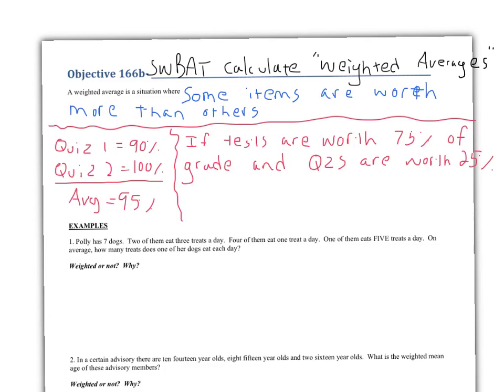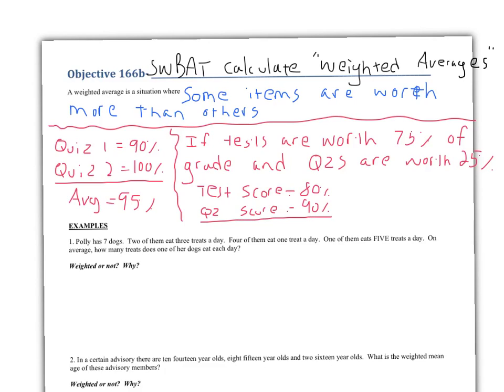All right, so say, with this example, say you had a test score, and again, write this all the way over here to the left, test score of, let's just say, 80%, and a quiz score of, let's say, 90%.